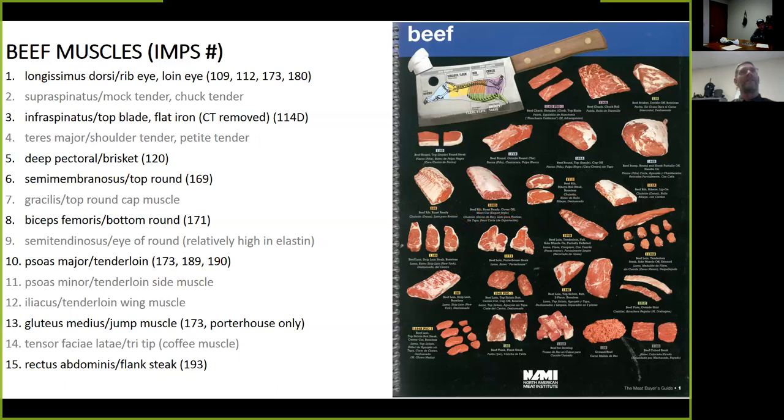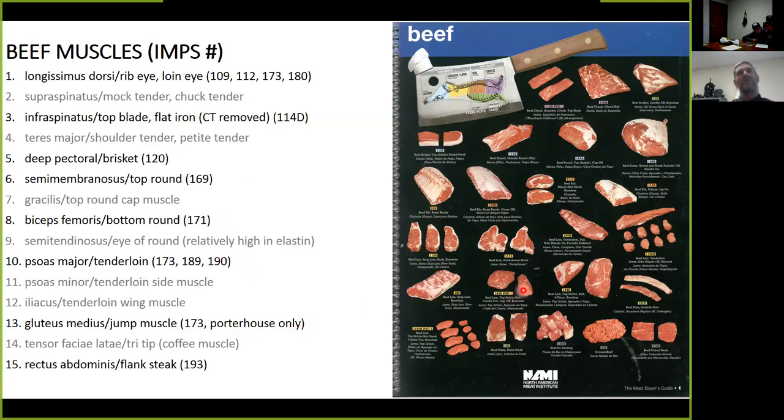I've identified the IMPS numbers on the right-hand side that have the longissimus dorsi in them, or the top blade up here, or the deep pectoral muscle or the brisket, or the semimembranosus, the top round right here, or the biceps femoris or the bottom round, or the psoas major tenderloin, or the gluteus medius jump muscle, the porterhouse only.